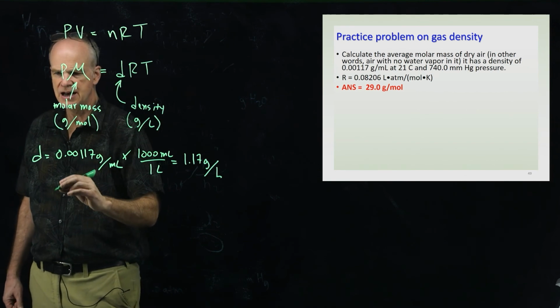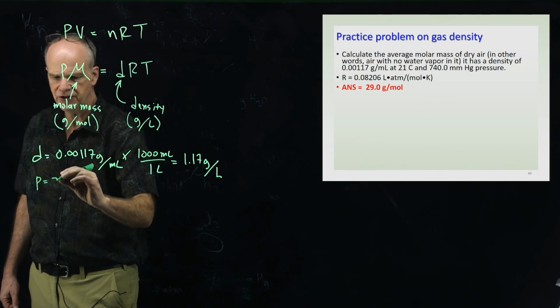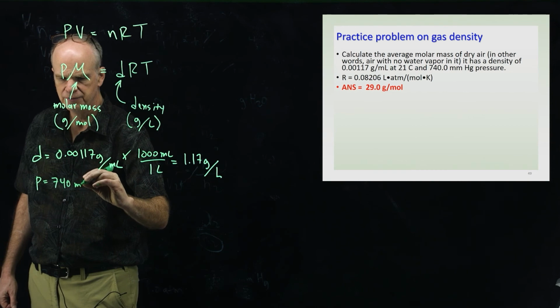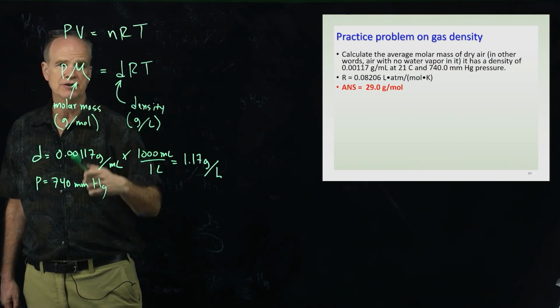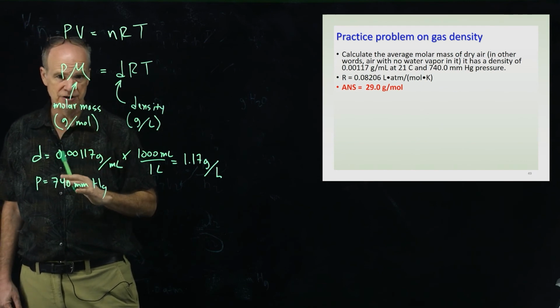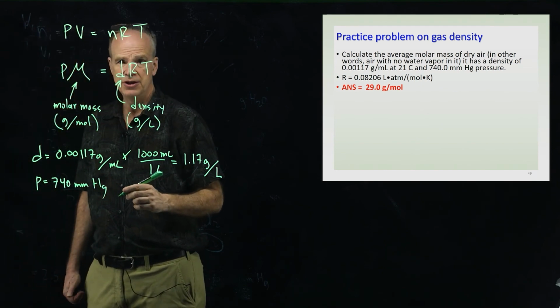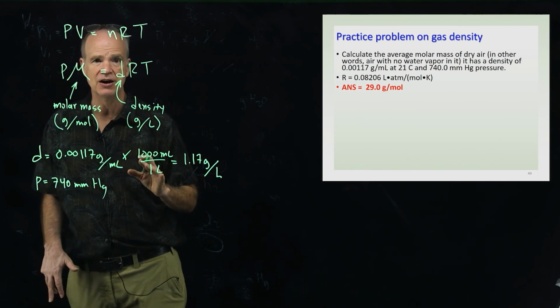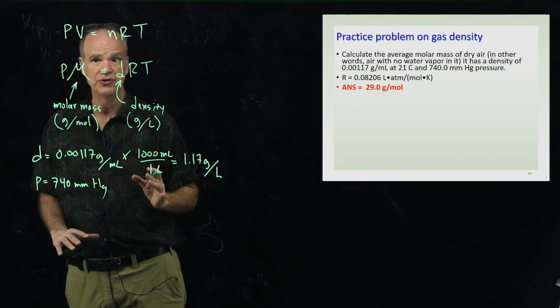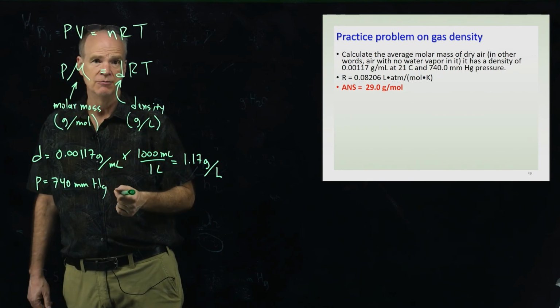We have a pressure of 740 millimeters of mercury. When we use the equation PM equals dRT, we have to get the pressure into atmospheres, and the reason is that our value of R is liters, atmospheres, per mole, degrees Kelvin, so the pressure must be in atmospheres.